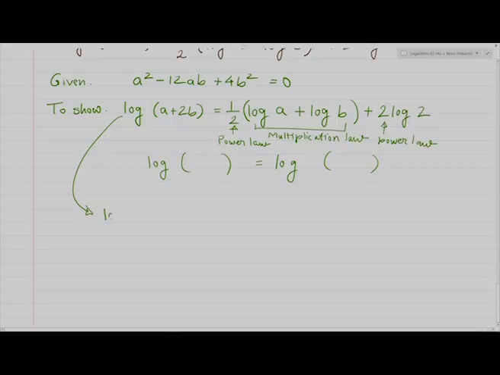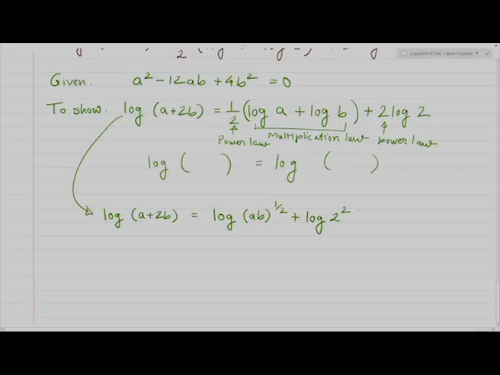So, let the left hand side be as it is, log of a plus 2b, which is equal to, so let us first apply the multiplication rule and the power rule together, which is equal to log of ab, which is the result of the multiplication rule, and I have half over here, so this is raised to half, okay, plus log of 2 square.